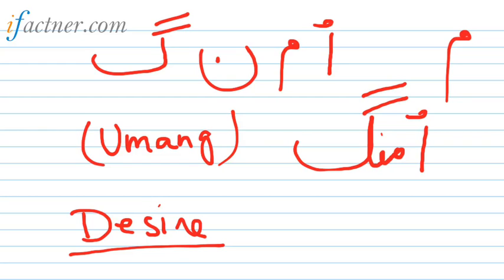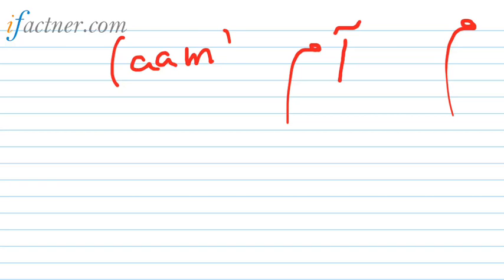Now let's see how we use mim at the end of the word. And there's a word called aam, alif, mad, mim, aam. Aam means mango.